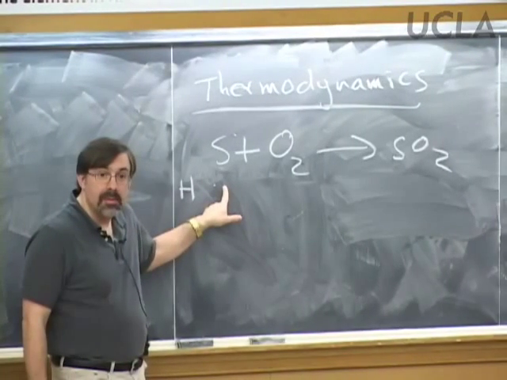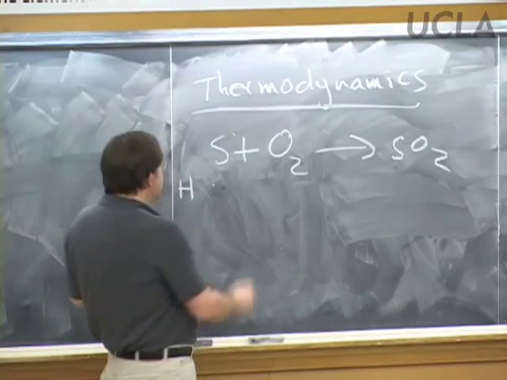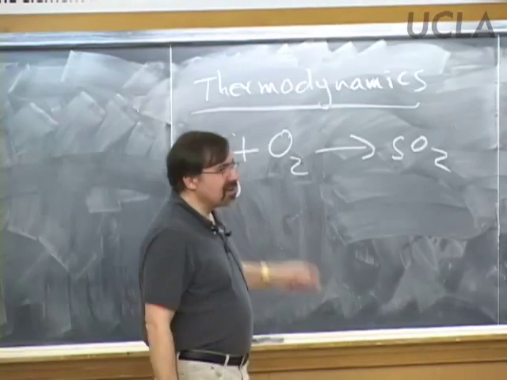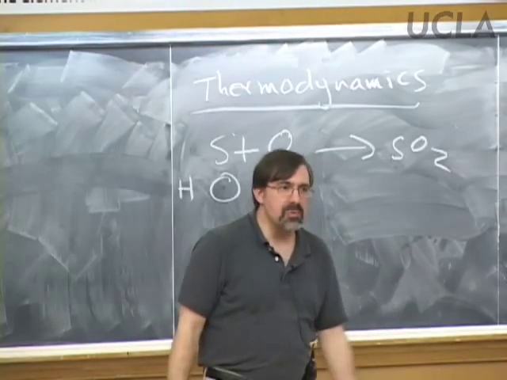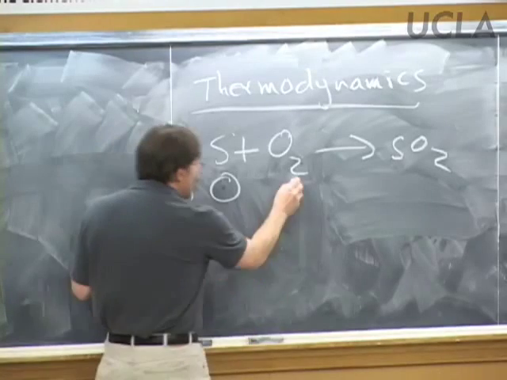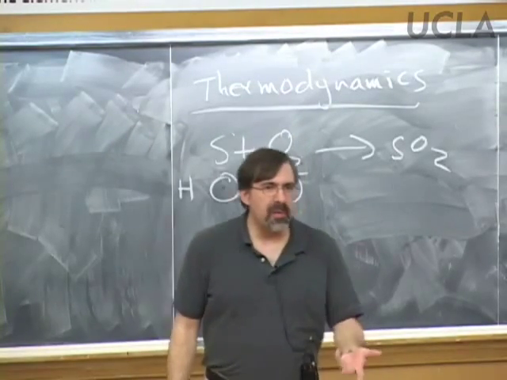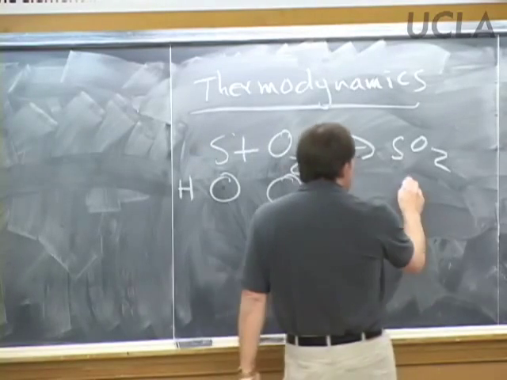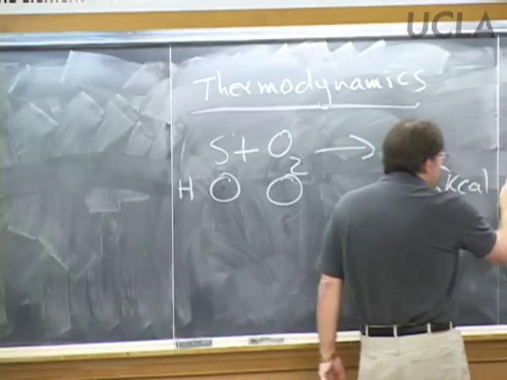It's a pure element. What's the enthalpy of a pure element in its standard state? 0. What's the enthalpy of oxygen in the atmosphere? Not quite exactly 0 because it's not a pure element, it's mixed with nitrogen, but it's close enough to 0 that we can call it 0. Now, you don't know what the enthalpy of SO2 is, but if you go and look it up, it's something in the order of about minus 76 kilocalories per mole, approximately.